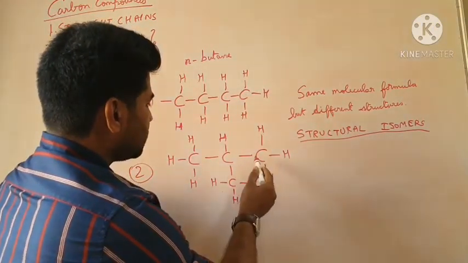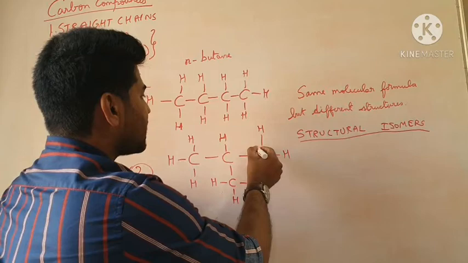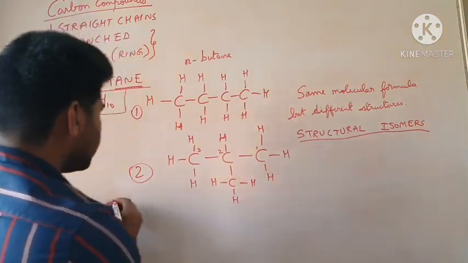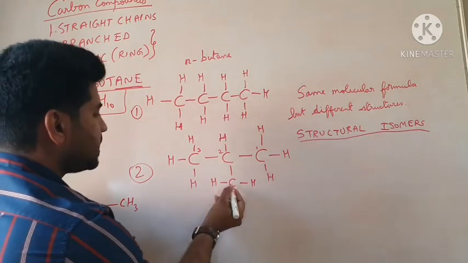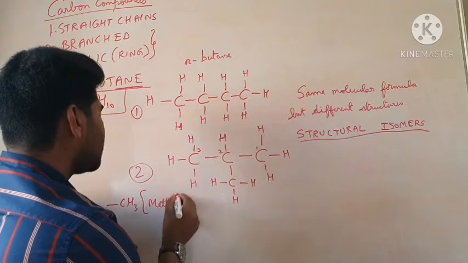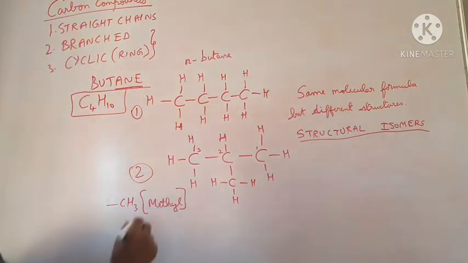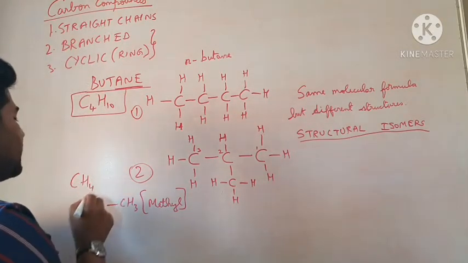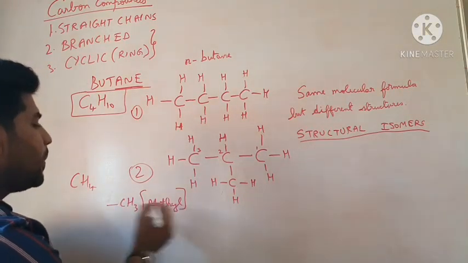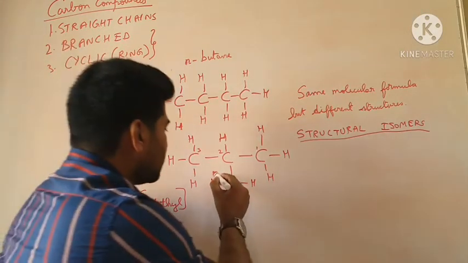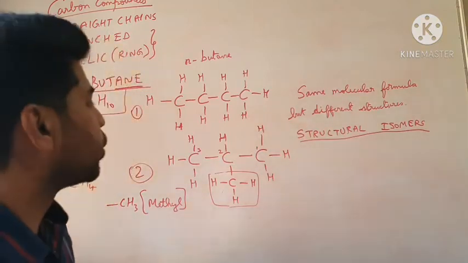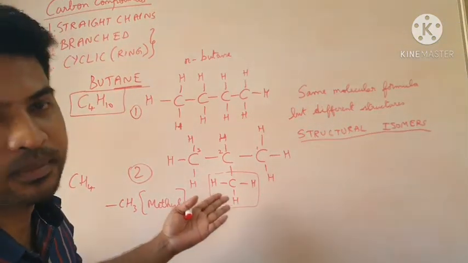So this would be named as 1, 2, 3. The CH3 group is called a methyl group, because CH4 is methane. If you remove one hydrogen from methane, it becomes methyl. So this CH3 group is called a methyl group, which is the functional group here.